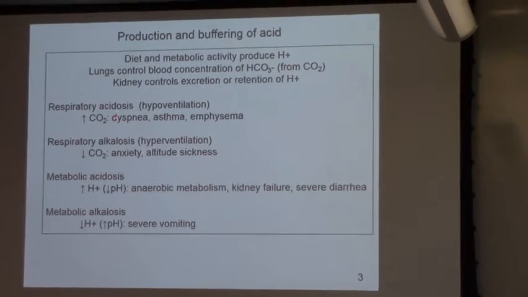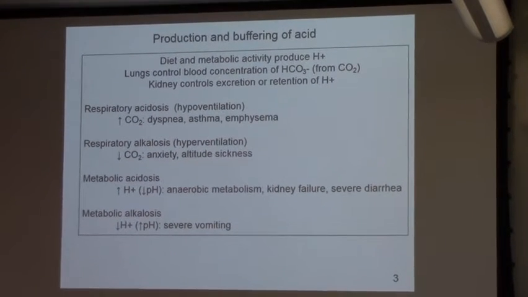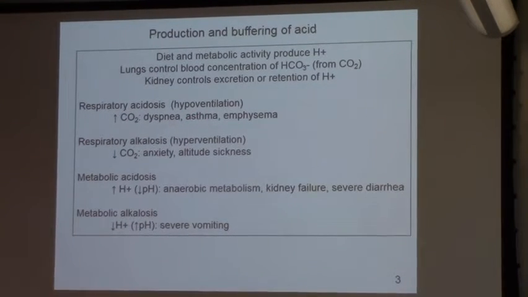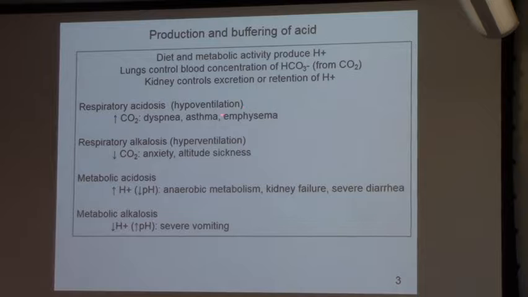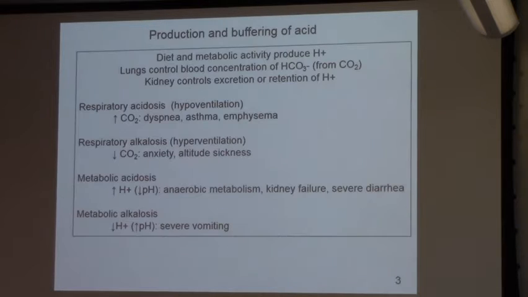Dys means abnormal. Pnea is referring to respiration. Asthma, not breathing right. Emphysema, lungs not doing what they need to do. Respiratory alkalosis. Respiratory alkalosis is hyperventilation. Panic attack. Altitude. We'll talk about altitude in a minute.